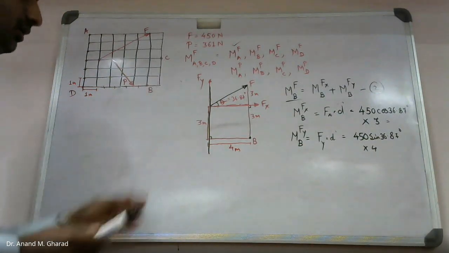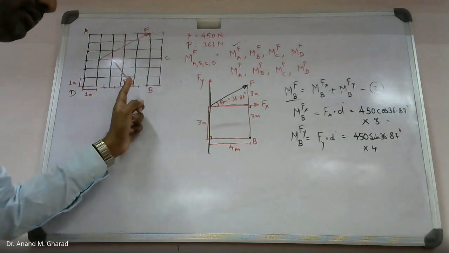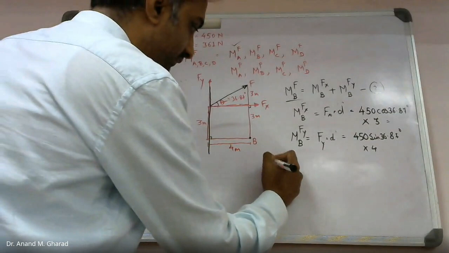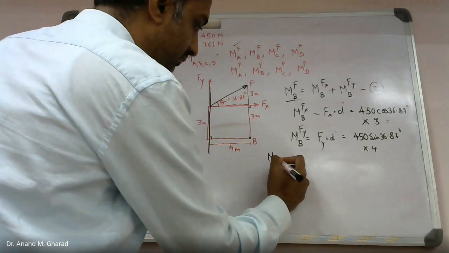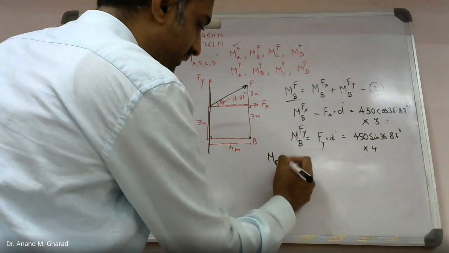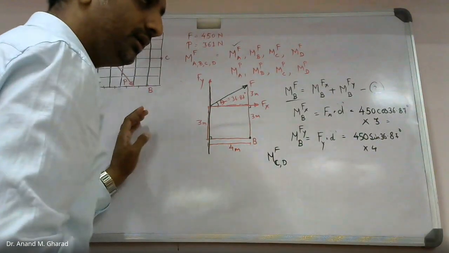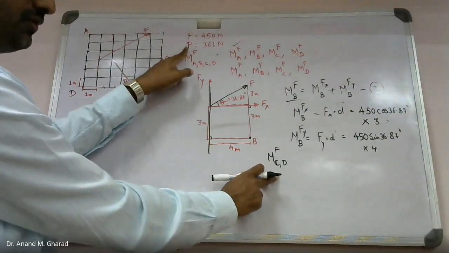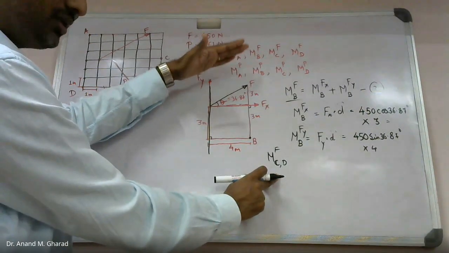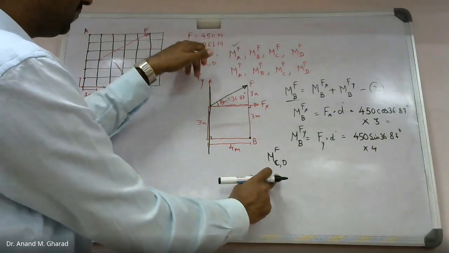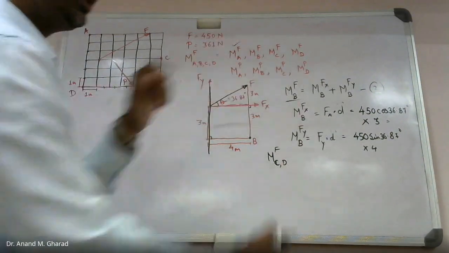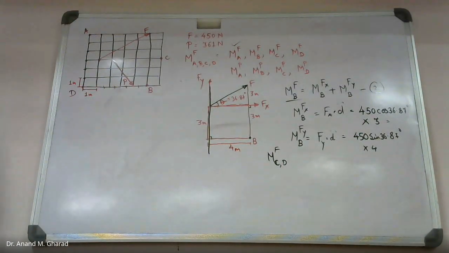In a similar fashion, you are supposed to identify the moment about points C and D because of F. One more force is given, so considering the same thing, you can calculate the moment because of P about these points. Can you do that?